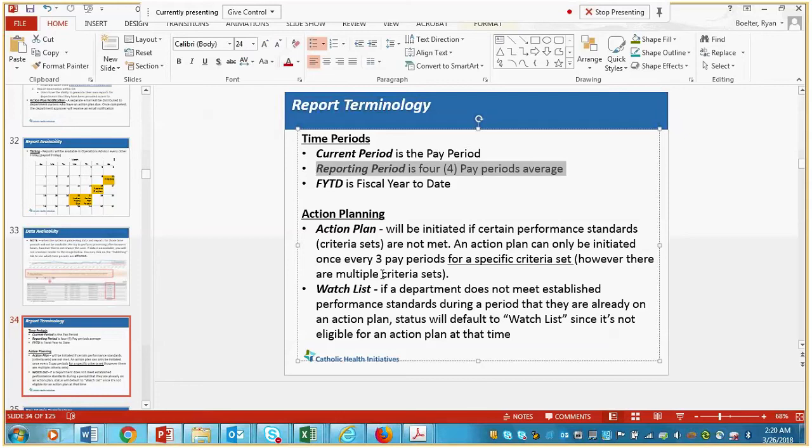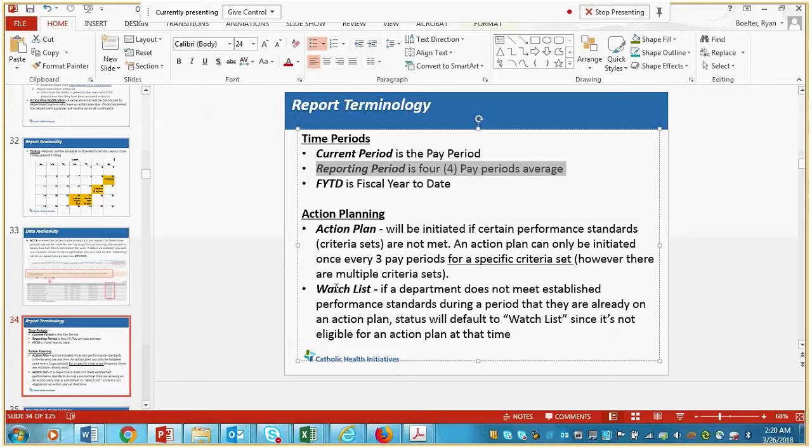For example, overtime at a 2%, that's the target, to be below 2%. There will be another one for productivity. There's another one for education orientation. Each of those is a standard or a criteria set. You're only eligible to have an action plan once every 3 pay periods for each one of those.